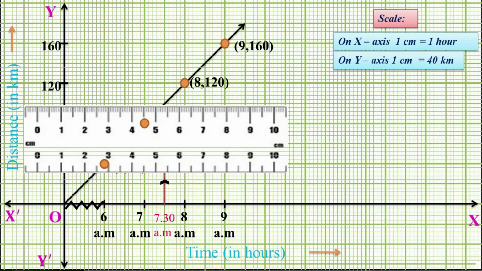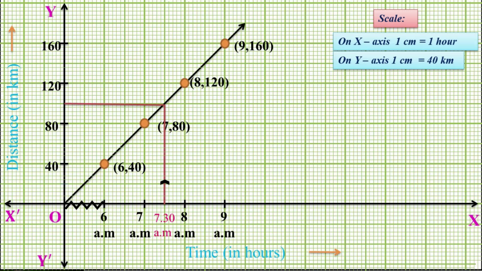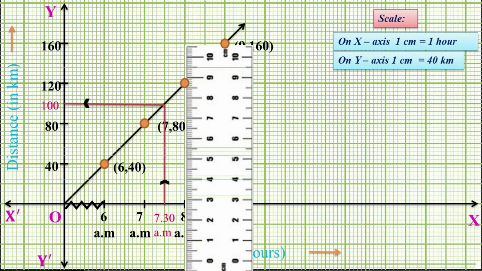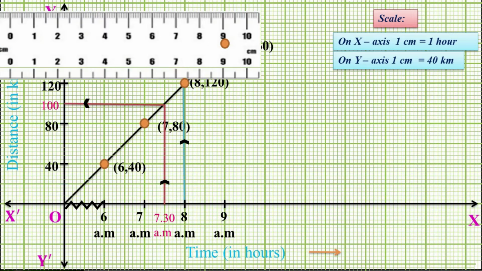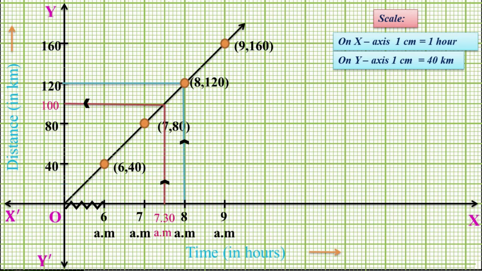Next, we draw a horizontal line, meeting the y-axis at 100 km. Next, we mark 8 am on the x-axis. Draw a vertical line to meet the linear graph. Now we draw a horizontal line, meeting the y-axis at 120 km.